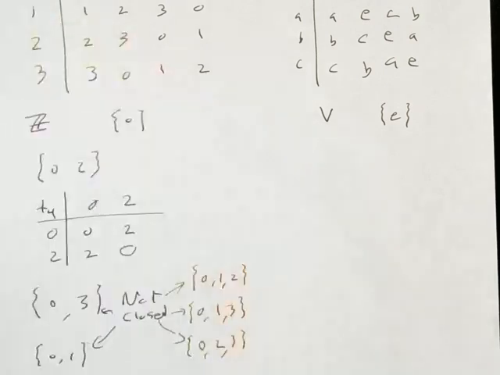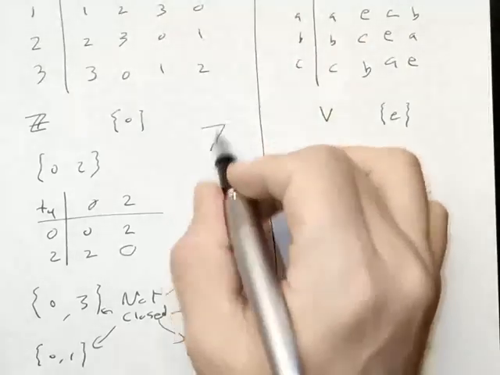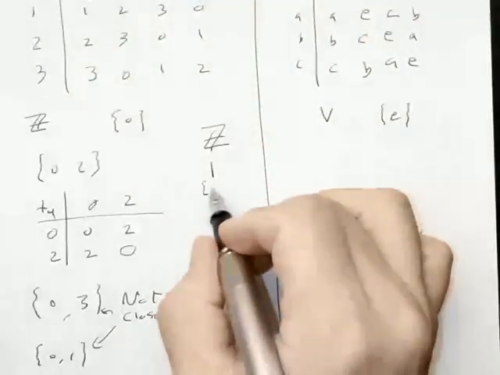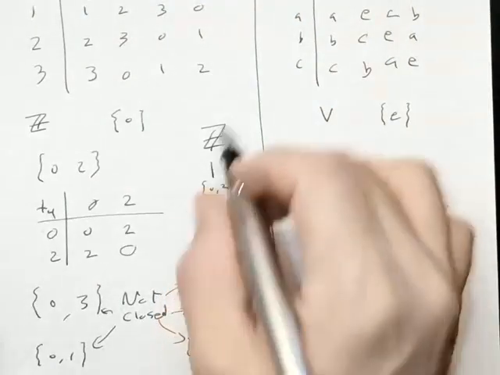So really, there were only 3 groups here. And if I think about containment, the biggest one is the whole. Then 0, 2, and just 0. Make a hierarchy that looks like this.